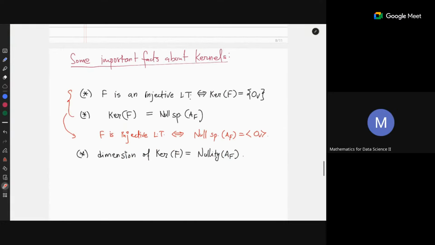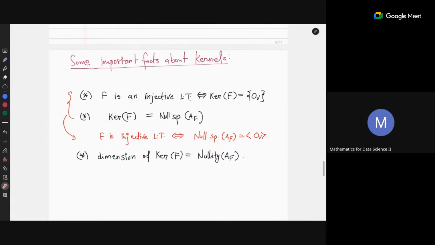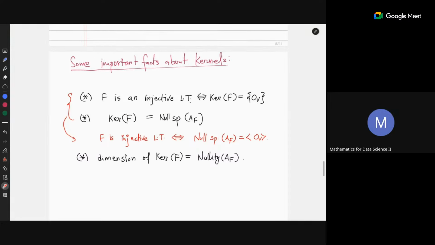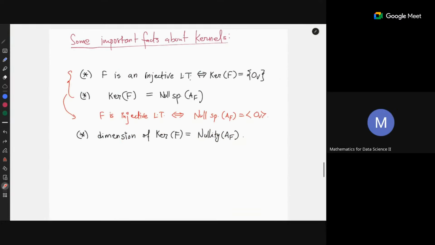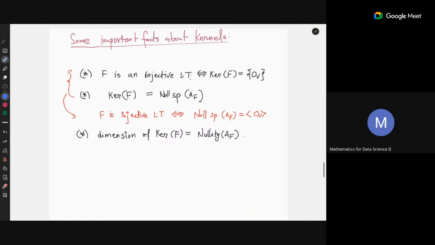Before we go into finding a null space, there is something that we have already seen. F is an injective linear transformation. That is equivalent to: if f of v is 0, then v has to be 0, right?